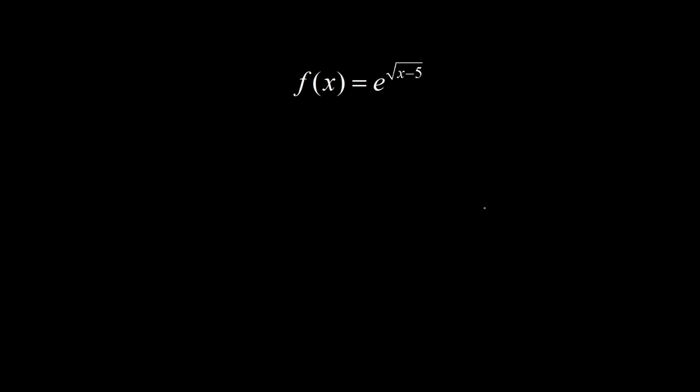Check out this one. So there's no division by 0 here because there's no division, but we do have a square root. Now the square root, you can't take the square root of a negative number. So that means what's under the square root can't be negative. And we can write that mathematically as that what's under the square root has to be greater than or equal to 0. It can't be negative. And then we can solve this inequality.